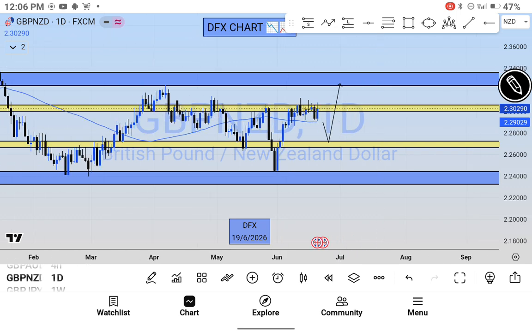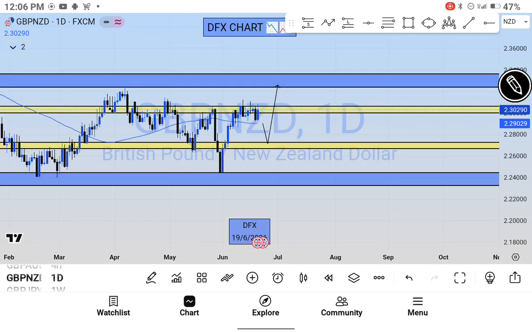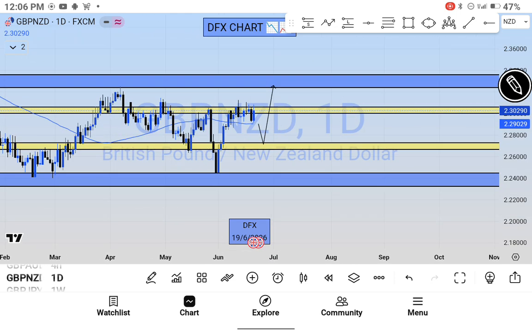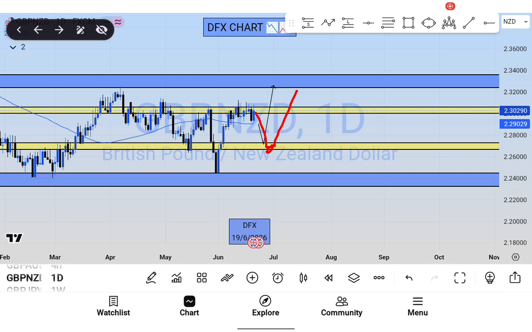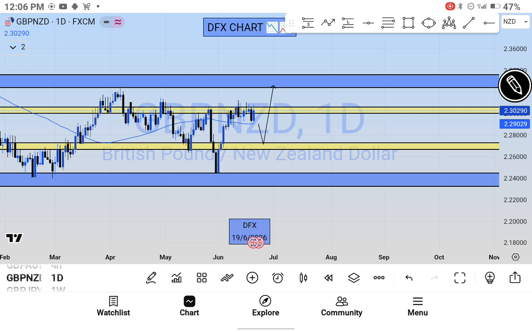Now on a daily time frame, I've been waiting for this pair since, in fact, last week when we made our analysis. I was expecting the market to pull back to this point, then we look for a buy here to this point, so that we can have what we call an inverse head and shoulder pattern formation. All right, but throughout last week the market was just doing its thing.